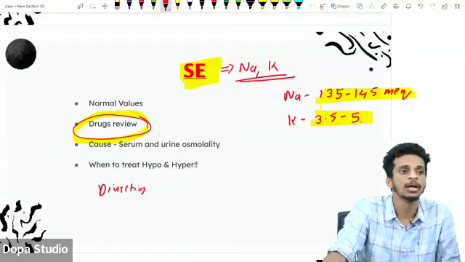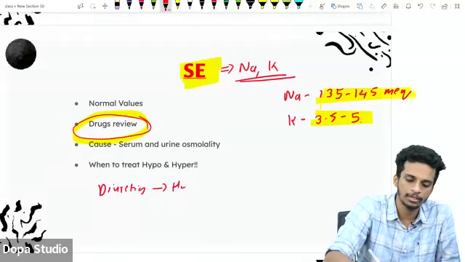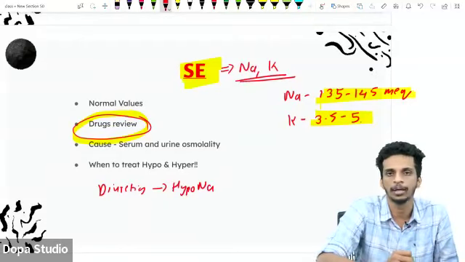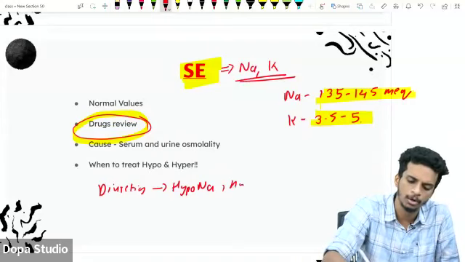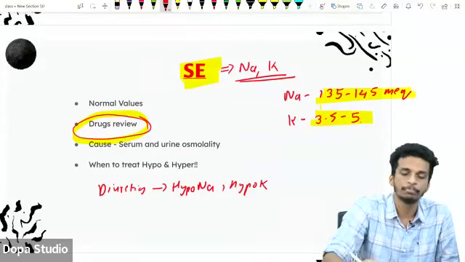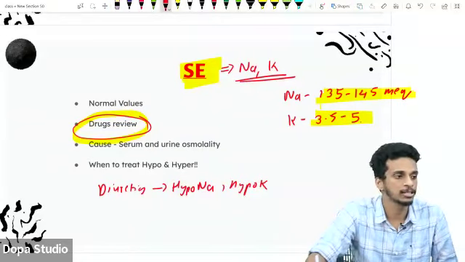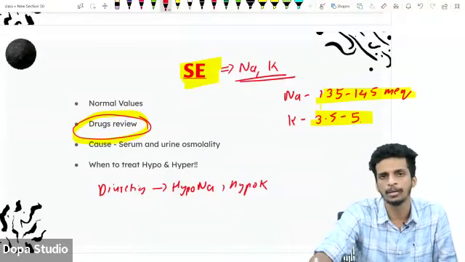If the patient is taking diuretics, it is natural for that patient to develop hyponatremia, because the patient is going to lose sodium through urine. The patient may have hypokalemia also. So patients who are taking diuretics can have hyponatremia or hypokalemia.